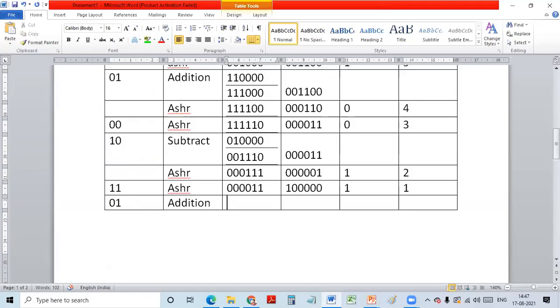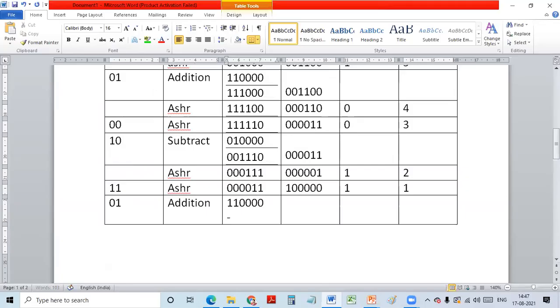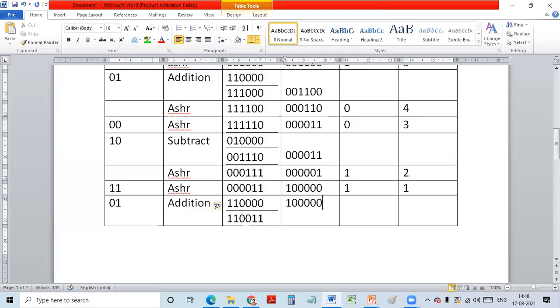You have to add BR, sorry, minus BR. So 1, 1, 0, 0, 0, which gives 1, 1, 0, 0, 1, 1, and this 1, 0, 0, 0, 0. Next, what do you have to do?